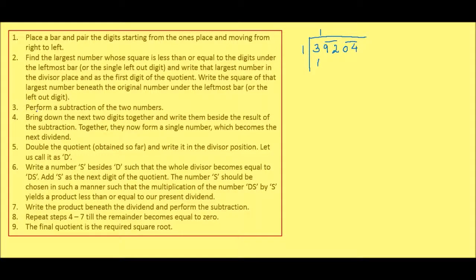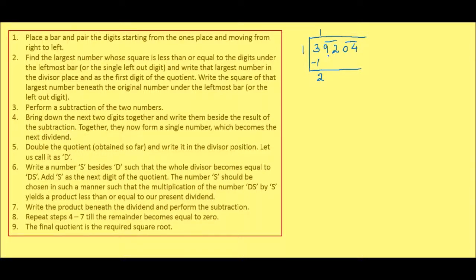Rule number 3. Perform a subtraction of the two numbers. So we perform 3 minus 1, which is equal to 2. Rule number 4. Bring down the next two digits together. The next two digits are 9 and 2, and write them beside the result of the subtraction.